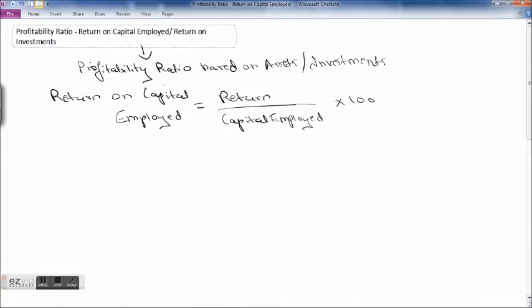We are calculating it in terms of percentage, so into 100. Now let's see what is return. What does return mean? Return means your net profit, plus or minus non-trading adjustments.